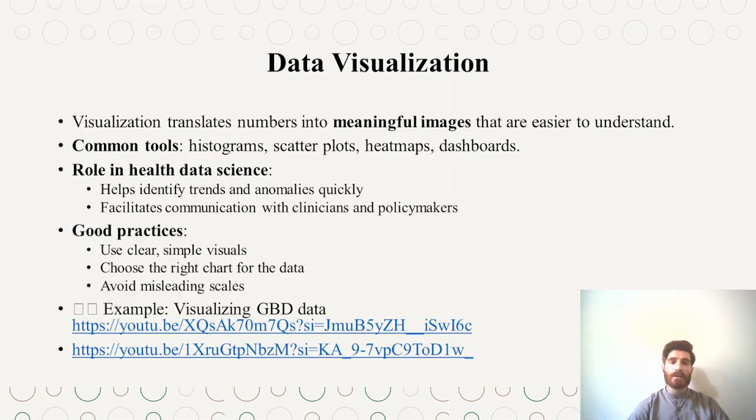The common tools are histograms, scatter plots, heat maps, and dashboards. There are many other visualizations. The role of data visualization in health data science is that it helps identify trends and anomalies quickly and facilitates communication with clinicians and policymakers.